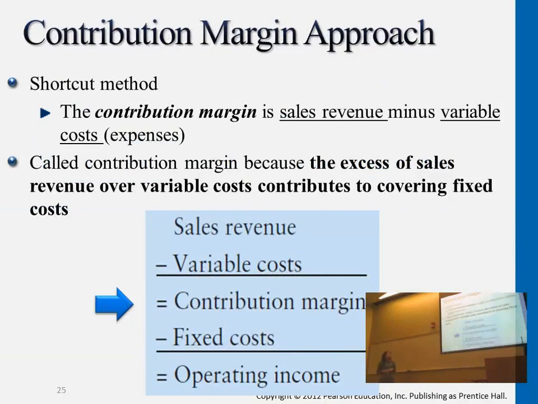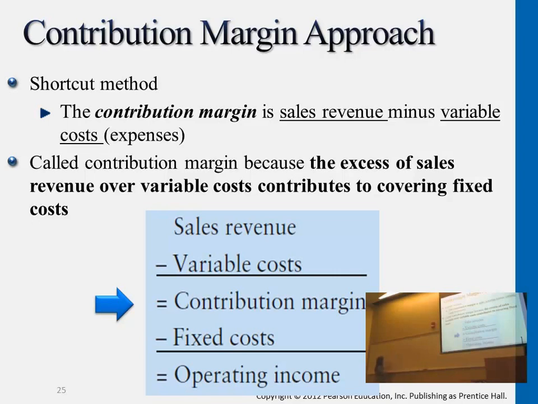Okay. Now the next approach here: if you get the idea of the income statement approach, what the contribution margin approach really is, is just substituting a portion of the information that you just learned earlier. We call the difference between sales revenue and variable costs the contribution margin.